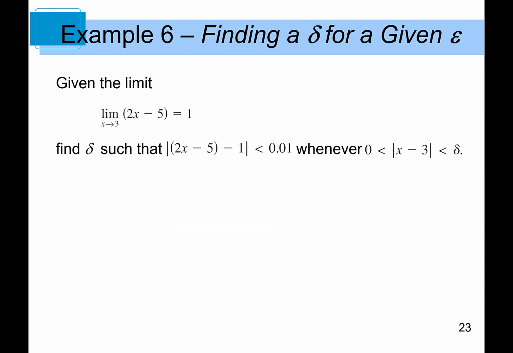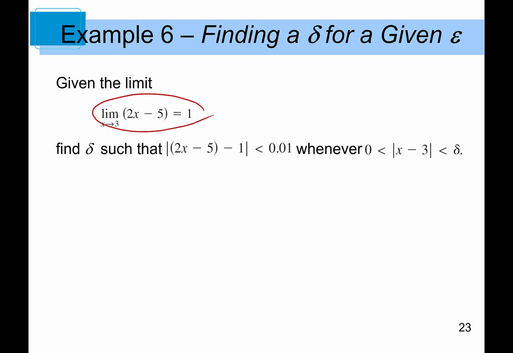So given the limit, let's take a look at an example: find the delta for a given epsilon. Given the limit as x approaches 3 of 2x minus 5 equals 1, this is given, right? Find delta such that the absolute value of 2x minus 5 minus 1 is less than 0.01 whenever the absolute value of x minus 3 is greater than 0, less than delta. That's the epsilon.